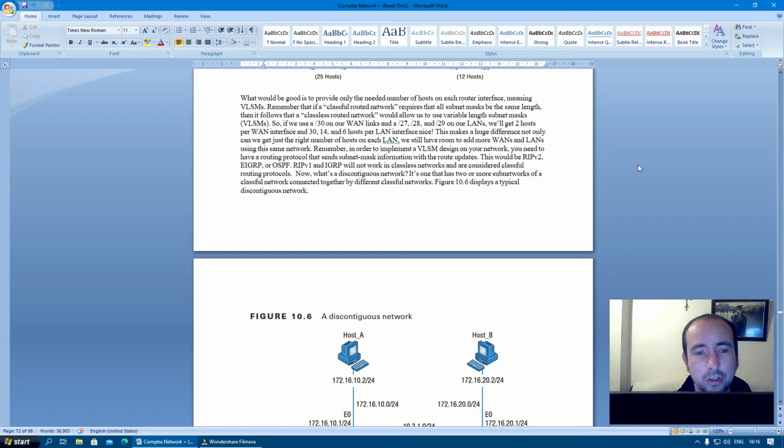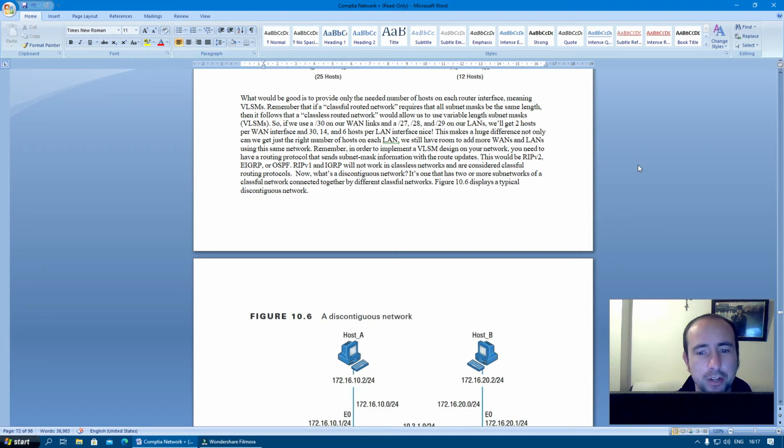we get 2 hosts per WAN interface and 30, 14 and 6 per LAN interface. Nice. This makes a huge difference. Not only can we get just the right number of hosts on each LAN, we still have room to add more WANs and LANs using the same network.